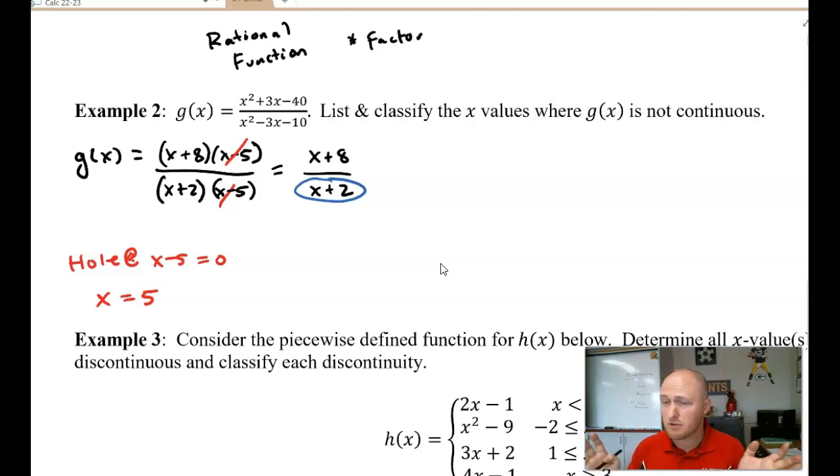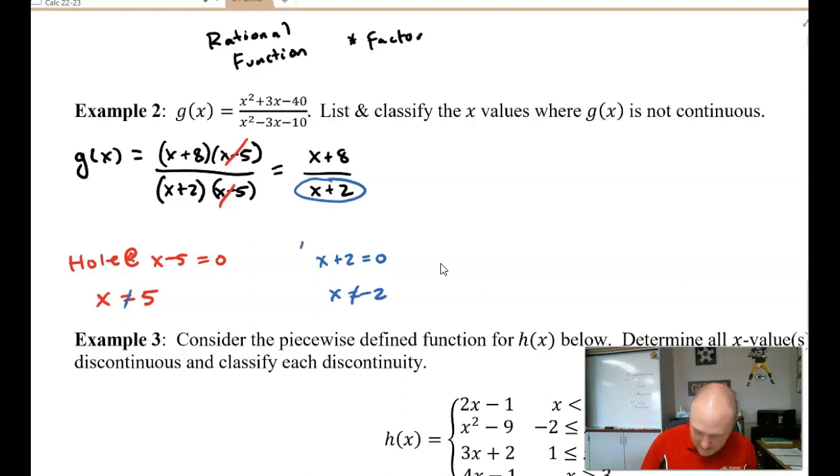It cannot be 0. So what value would make that 0? x plus 2. I set that equal to 0 and solve: x is equal to -2. So you cannot have these values, 5 and -2, in your domain. At -2, this is an asymptote. You should remember doing that in your studies of rational functions.